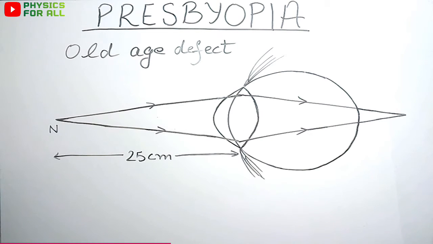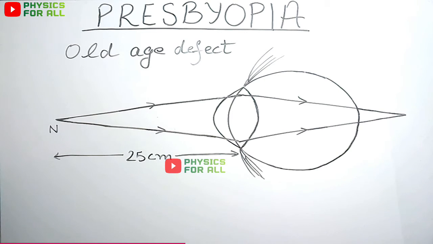Now what is the difference? We say in both the situations the image is forming at the back of the retina. So now in hypermetropia we studied that there could be two reasons when image forms at the back of the retina. One is the focal length of the lens has increased.